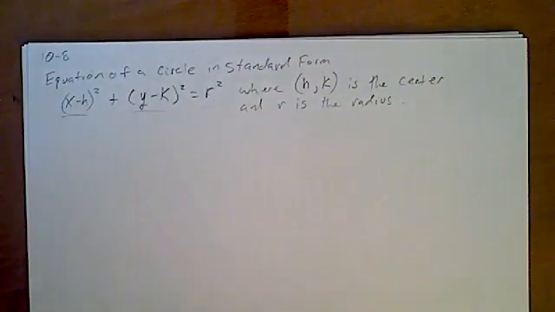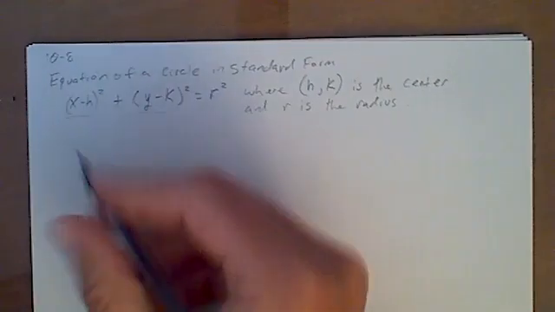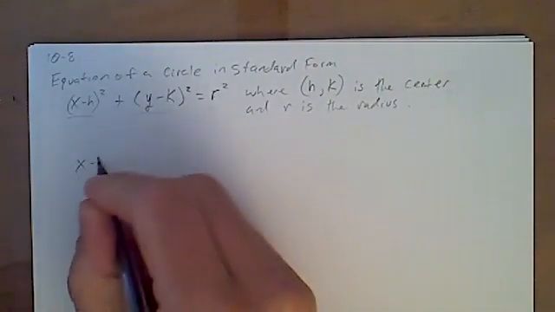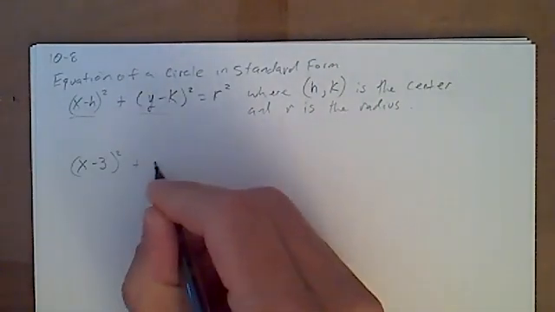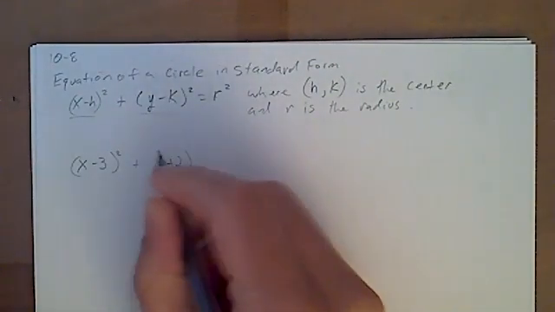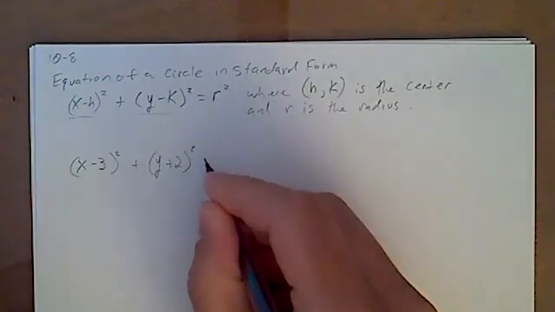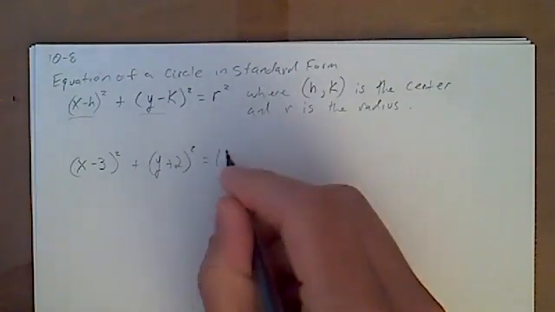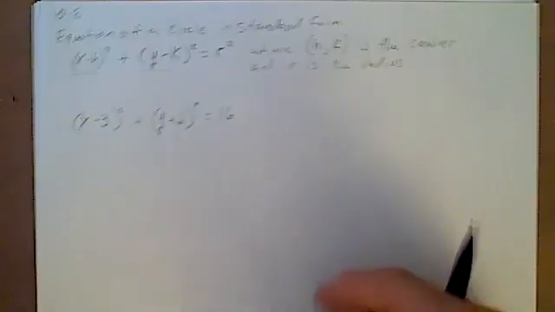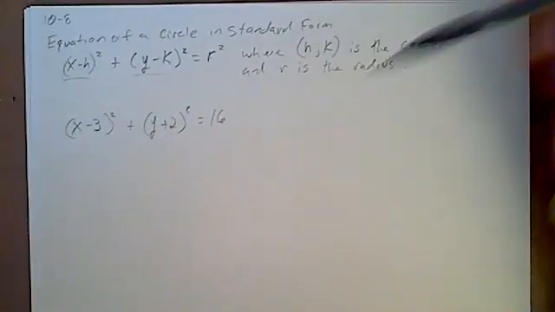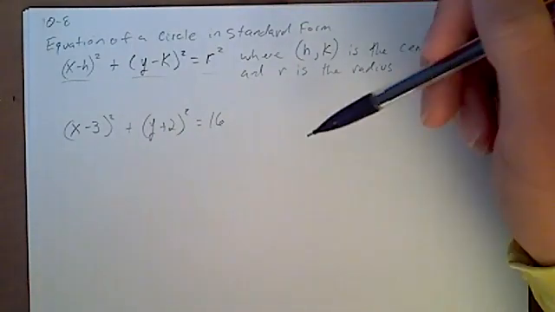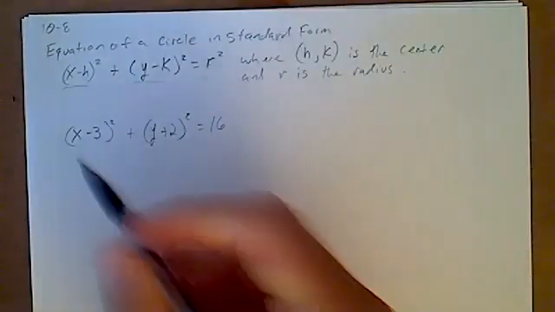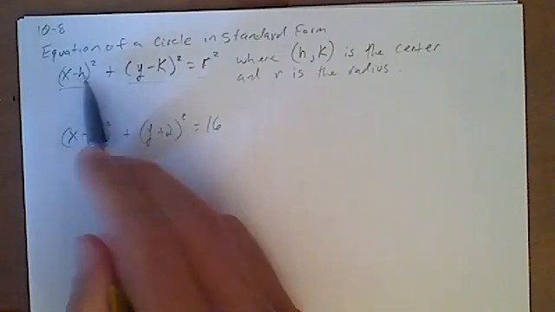If I gave you an equation of a circle, for instance, (x minus 3) squared plus (y plus 2) squared is equal to 16, you should be able to pull off where the center is and what the radius is. So what is the center? The center is (h, k).